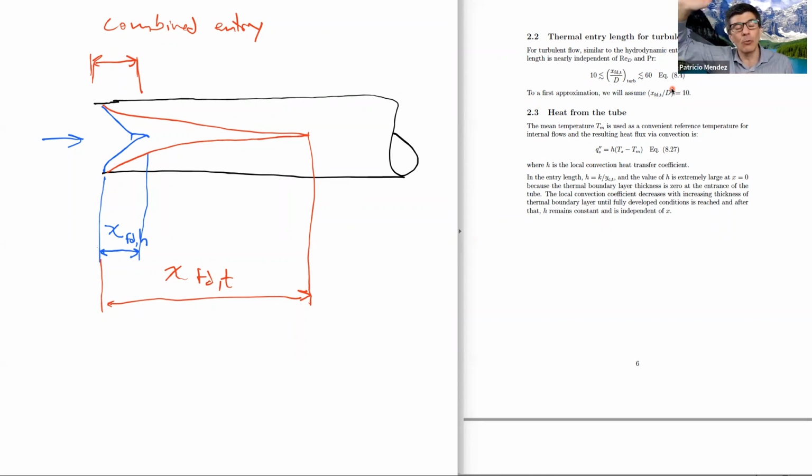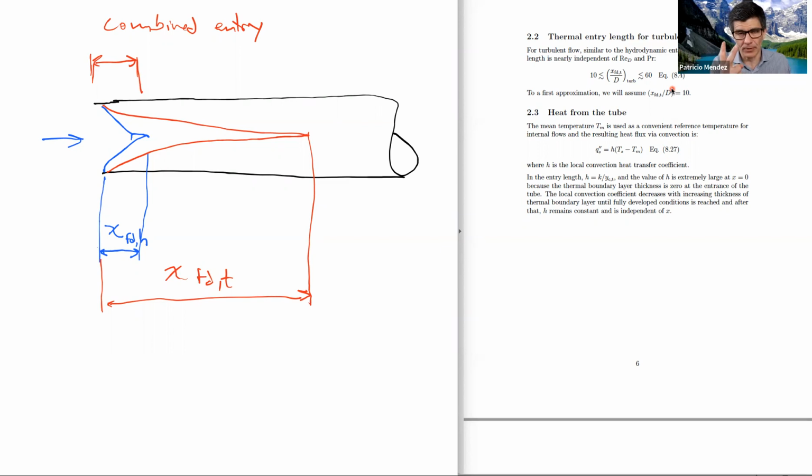Eventually, I can always go far enough to a point in which there is no effect from the plate on the fluid. That's not the case of tubes, because in a tube, the fluid is going to have the same temperature as the tube, if the tube is long enough. That's a big difference with external flows.